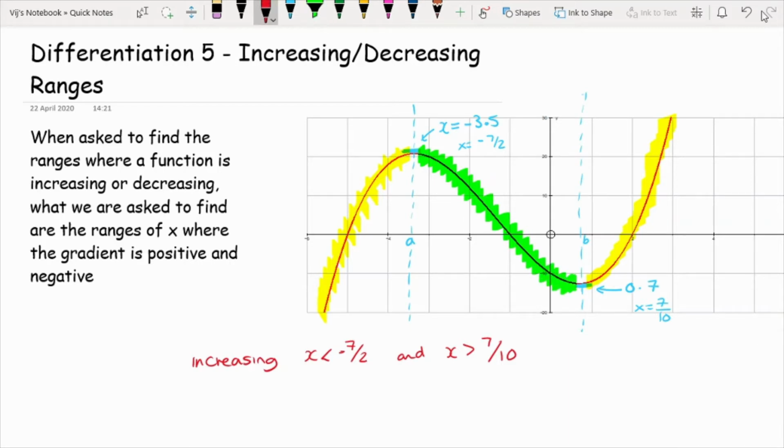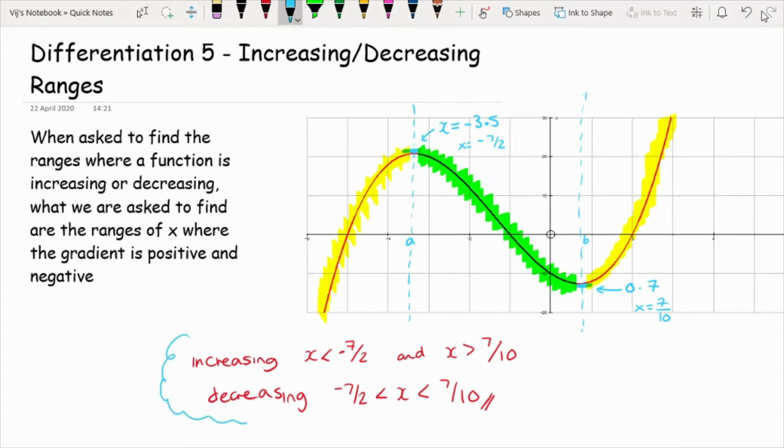Because this is just a continued range, it doesn't make a difference that it's dropping below the x-axis, so decreasing. So it's decreasing within the range of, and we go for the smallest value, which is minus 7 over 2, and 7 over 10. So this would be our answer for this particular question.